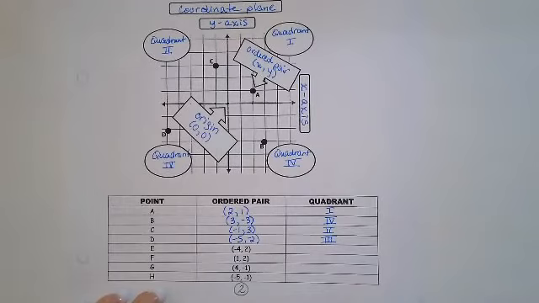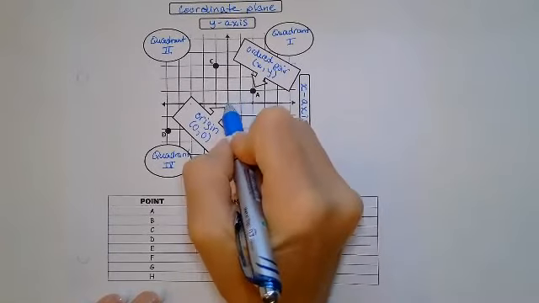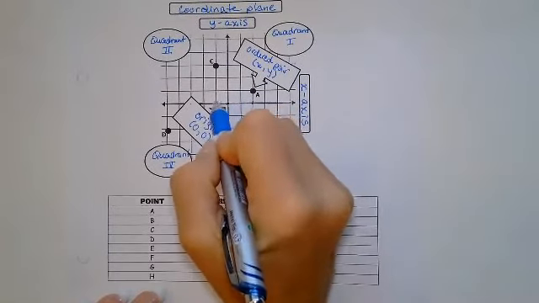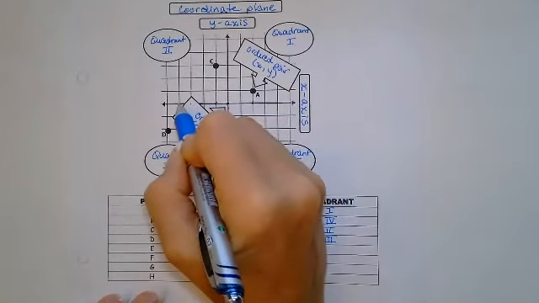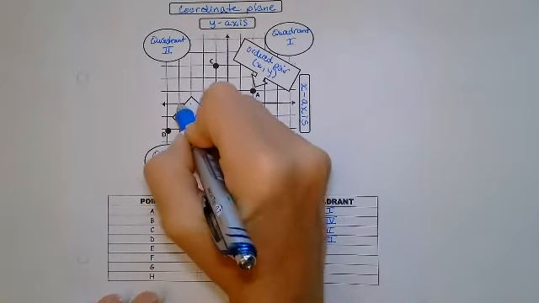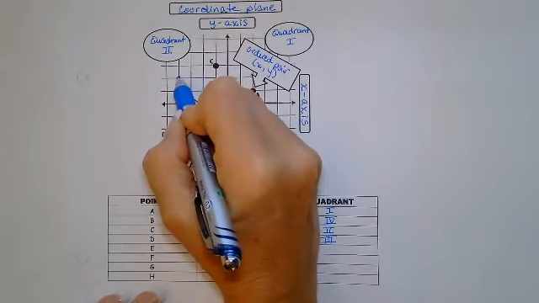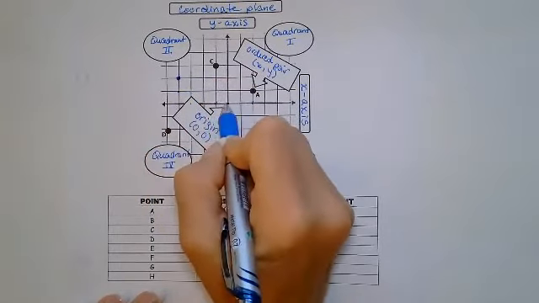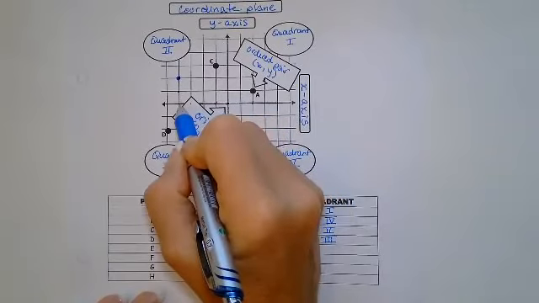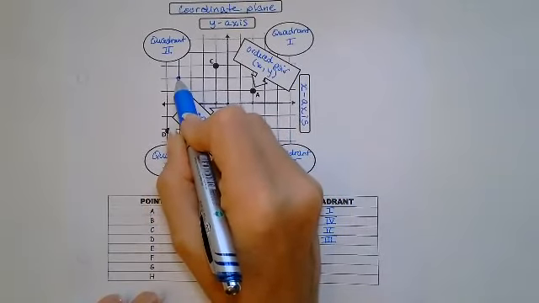Okay, so let's find these other points by using the ordered pairs. So we're going to go to -4, 2, start at my origin. -4 would be here. And then +2 would be right here. So again, -4, +2.